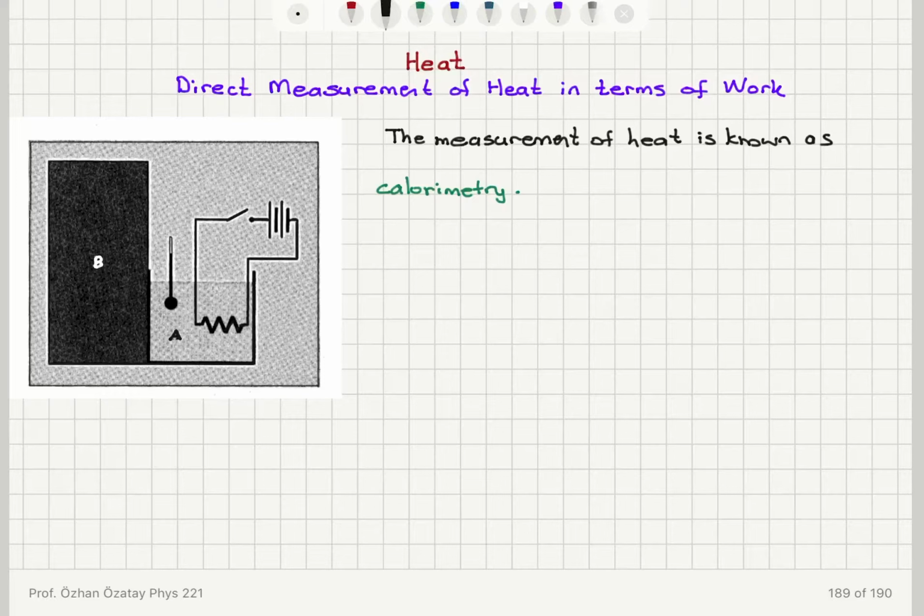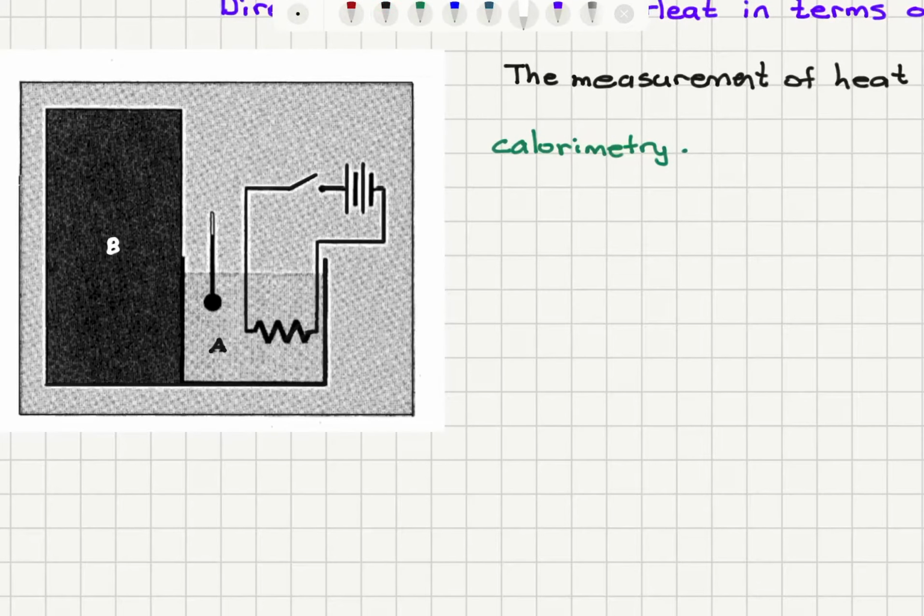For example, here we have a system B, which is a copper block, in thermal contact with system A. So we allow heat exchange, heat can flow, and system A consists of a resistor, thermometer and water inside a container, and we can change the internal energy of system A by using this battery and the switch S, a battery that has an EMF of V volts.